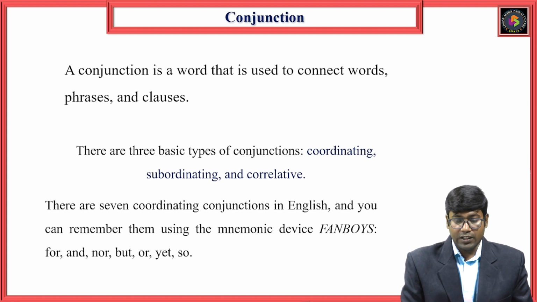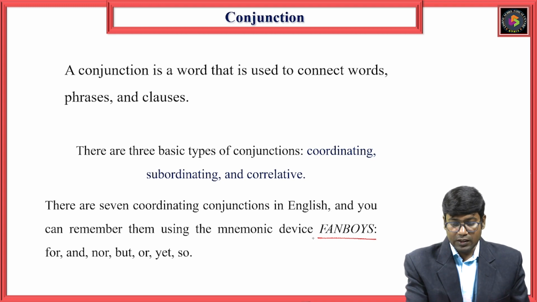The first one is the coordinating conjunction. There are seven coordinating conjunctions in English, and you can remember them using the word FANBOYS: for, and, nor, but, or, yet, and so.